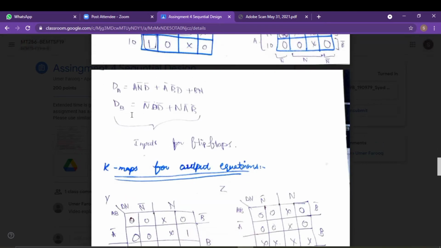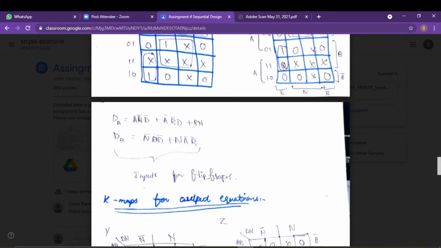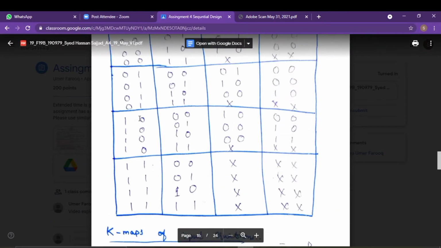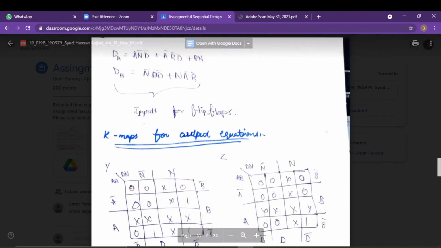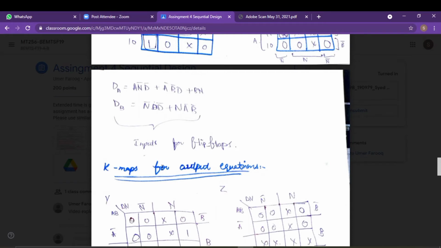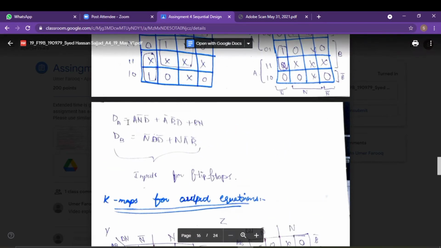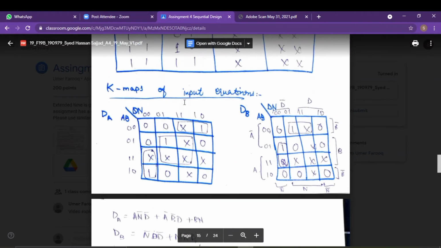These are the equations for this, and you can see that there are a total of two inputs, a and b, so two flip-flops will be used, and these equations are as follows. These are the k-maps for the input equations.